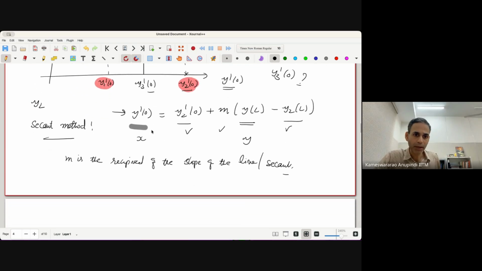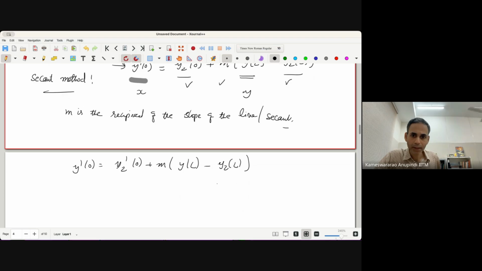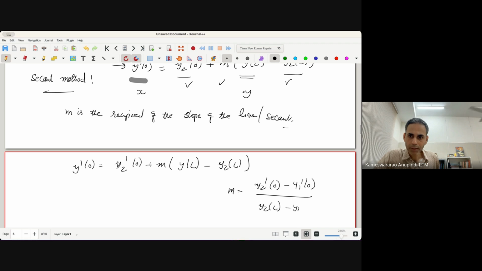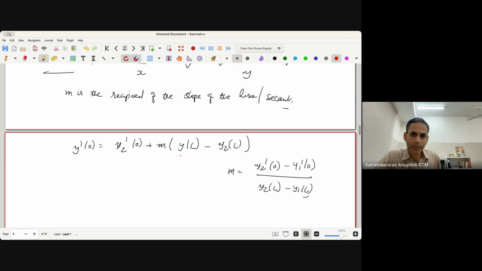Okay, so let me rewrite these equations. So this is y prime 0 equals y2 prime 0 plus m times y of L minus y2 of L. Okay, and then my m was y2 prime of 0 minus y1 prime of 0 divided by y2 of L minus y1 of L. Okay. Let me now substitute, instead of this y of L, y sub L. That is the boundary condition that is given on the other side.